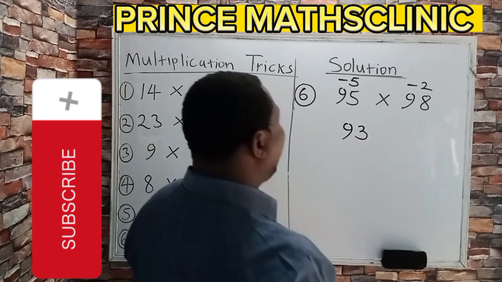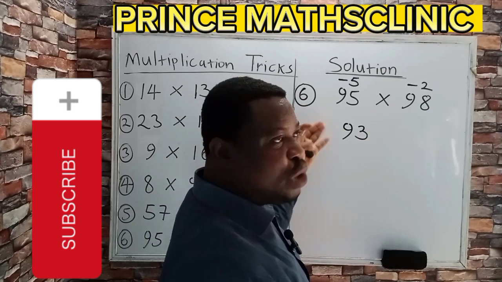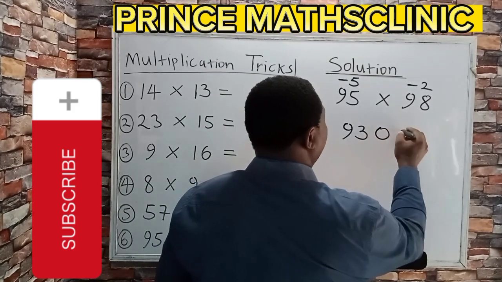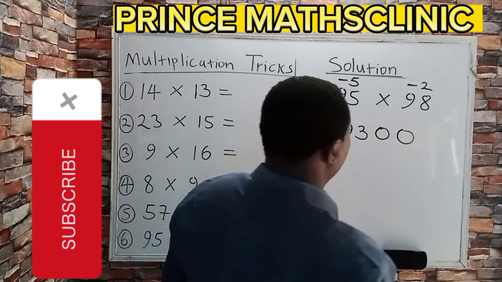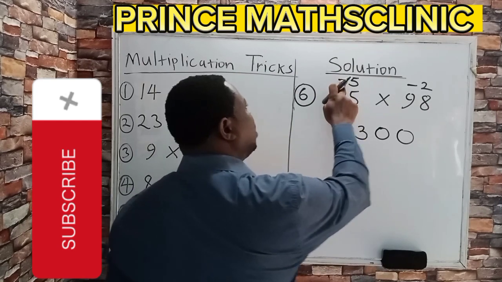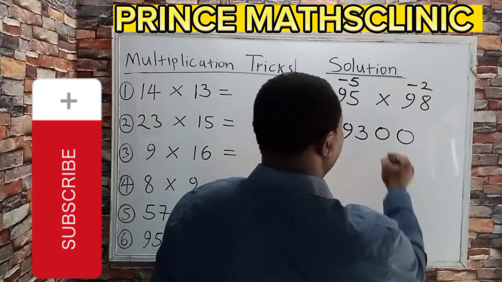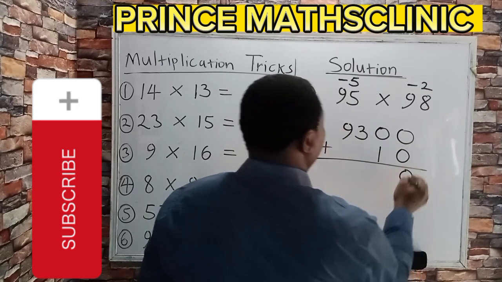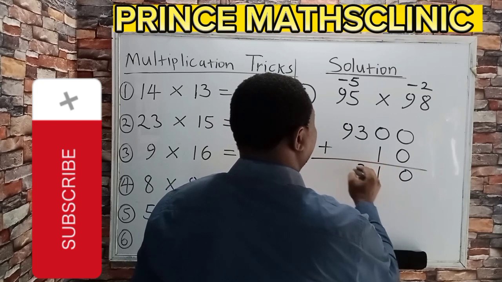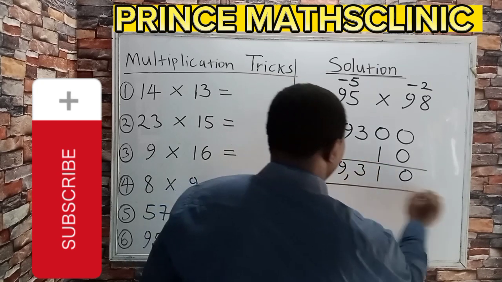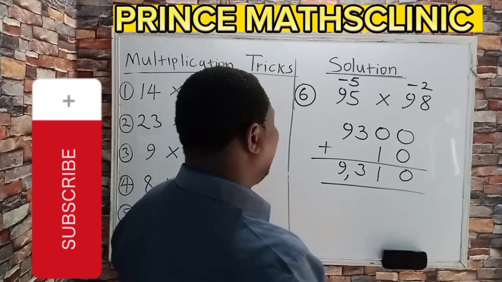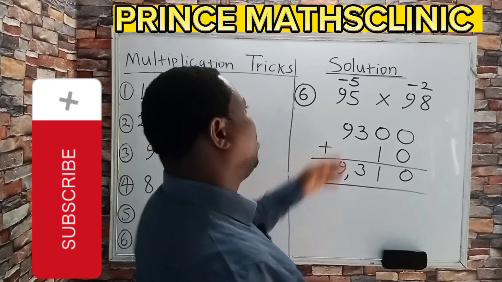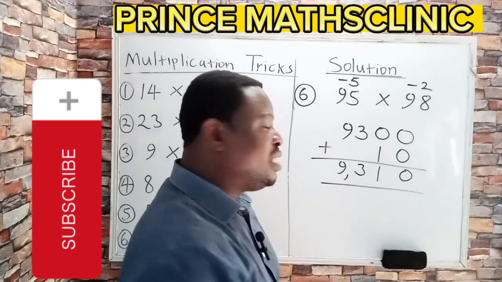Now, because this number is close to 100, we work with 100. 100 has 2 zeros, right? So you put 0 here and 0 here, 2 zeros. Such that minus 5 times minus 2 will give you positive 10. So we are going to add 10 to it. So this becomes 9,310, the accurate result if you multiply 95 by 98.